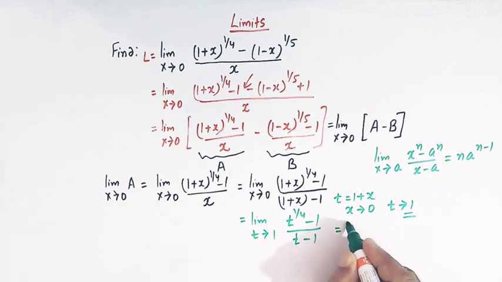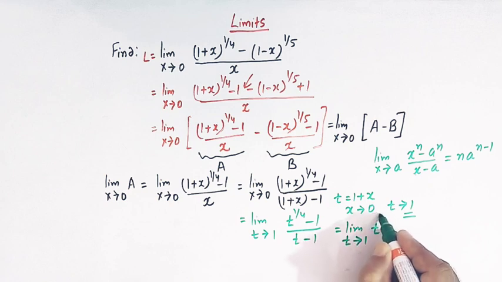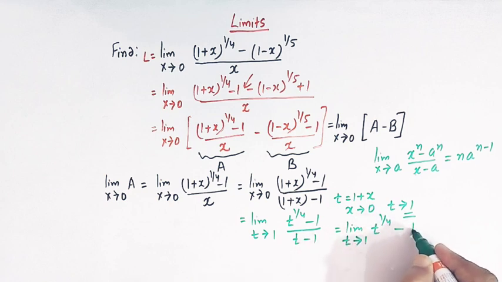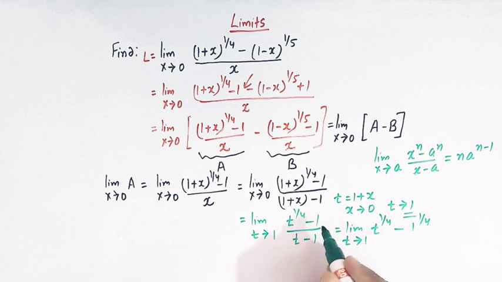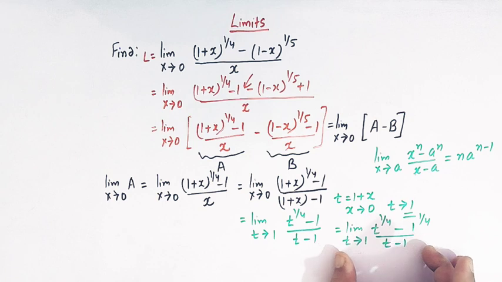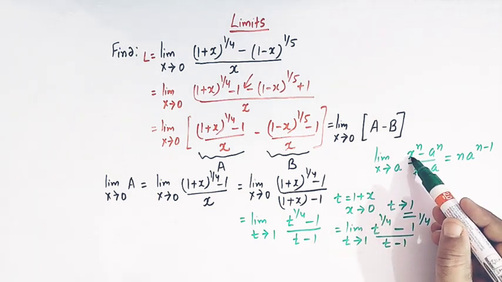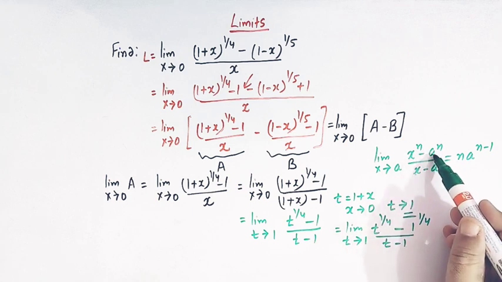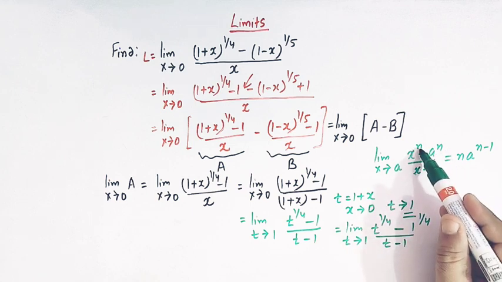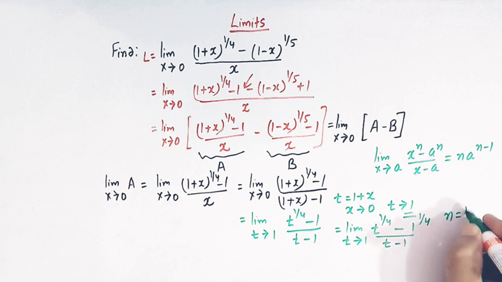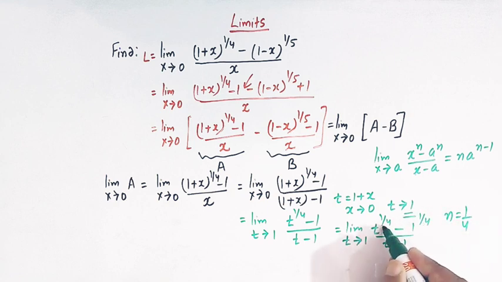Now we can rewrite this expression as limit t tends to 1 of t raised to 1 over 4 minus 1 raised to 1 over 4, because we can write 1 as 1 raised to 1 over 4, divided by t minus 1. If we compare this limit with the result, the variable x is t, a is 1 and the value of n is 1 over 4.